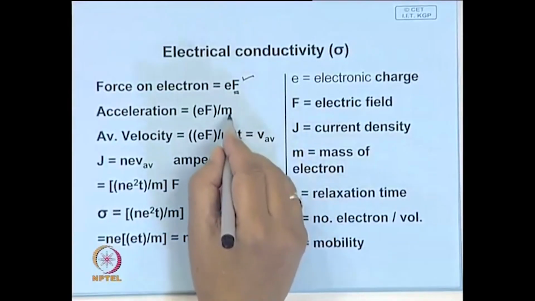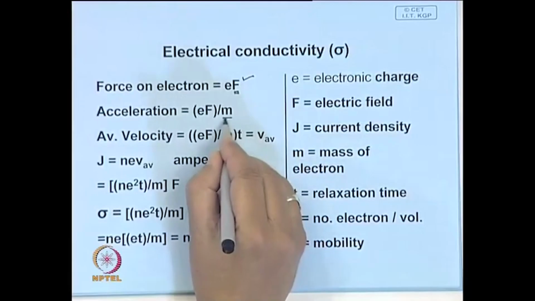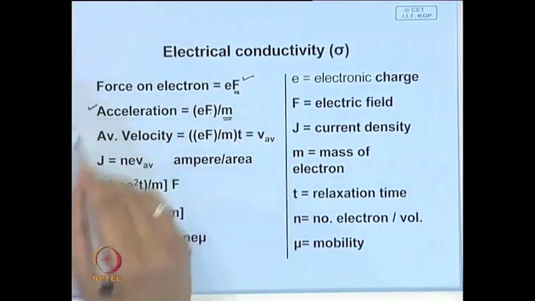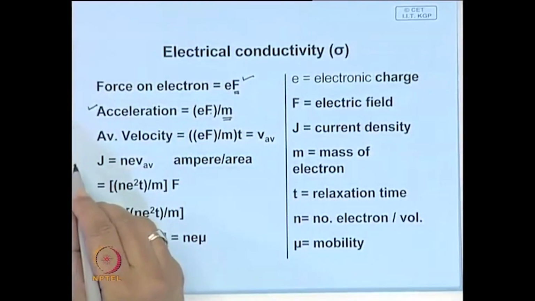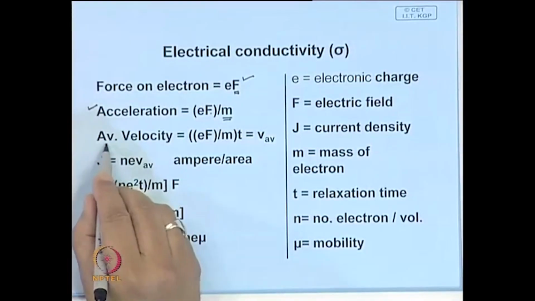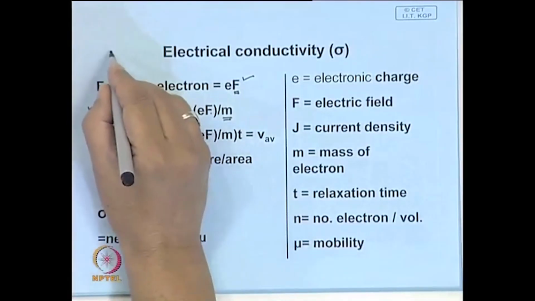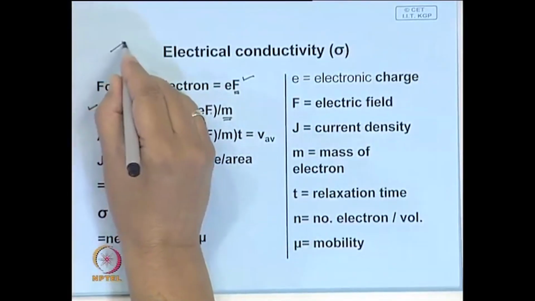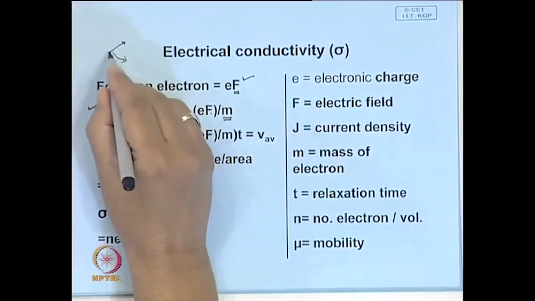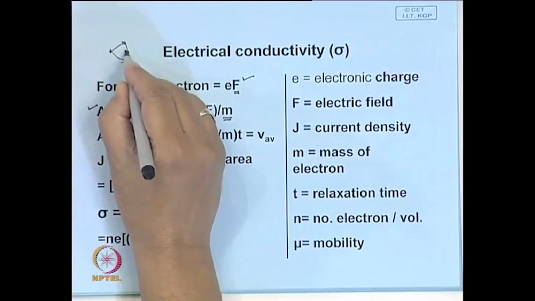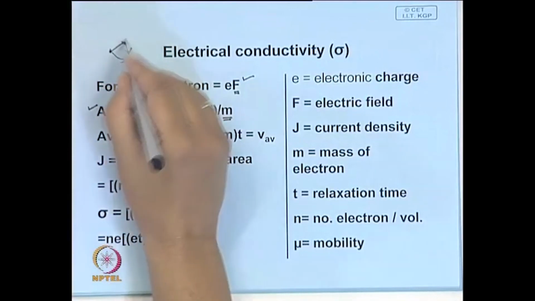Now, we know the mass of the electron is m. So, if you divide this force by mass, you get acceleration. Now, to calculate the average velocity, imagine these electrons moving in all directions. They can move in different directions until they meet an obstacle and the direction changes.